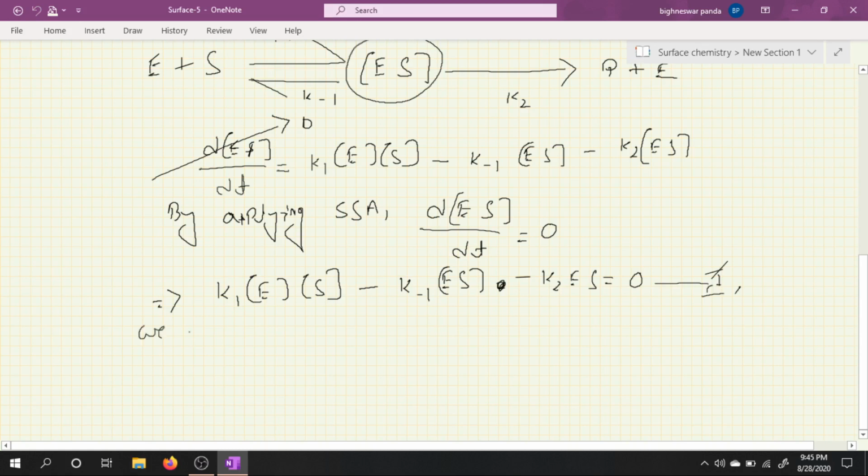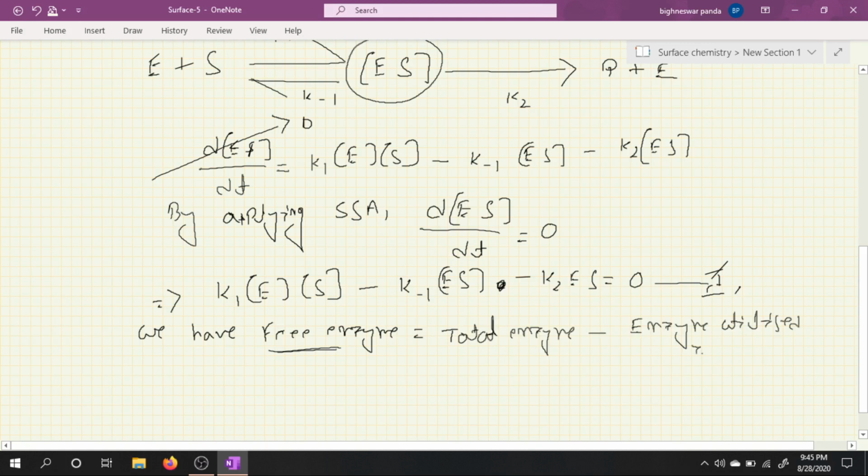We have free enzyme will be equal to total enzyme minus enzyme utilized in complex formation.